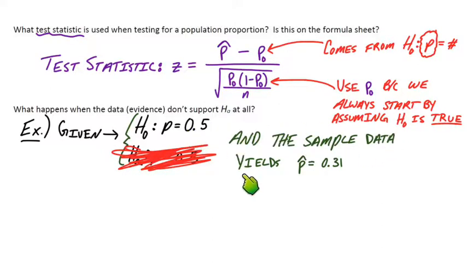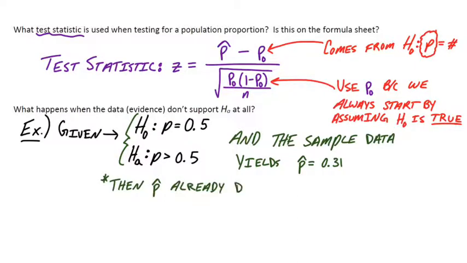If you conduct some sample data, right, you go out into the world and conduct some sort of research and you get p hat as 0.31, well, then your alternative suggestion should be maybe the true p is less than 0.5, right? So this hypothesis is just off. For us to even begin to use this alternative hypothesis, we'd have to get a p hat that was above 0.5. So these two don't work together. If you notice that, like in this case, p hat already doesn't support the alternative.